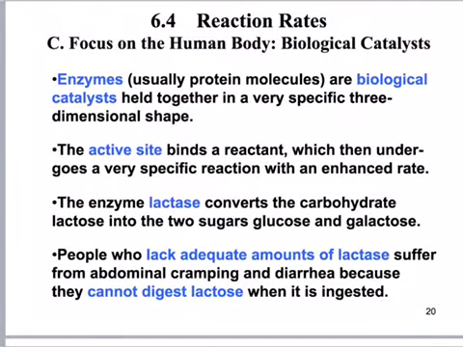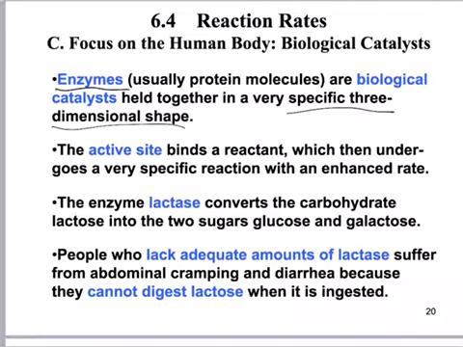Now, it's really important that we have catalysts because most of the reactions in the human body can't occur without catalysts, okay? And biological catalysts are called enzymes, okay? These are usually protein molecules that have a very specific three-dimensional shape, okay?